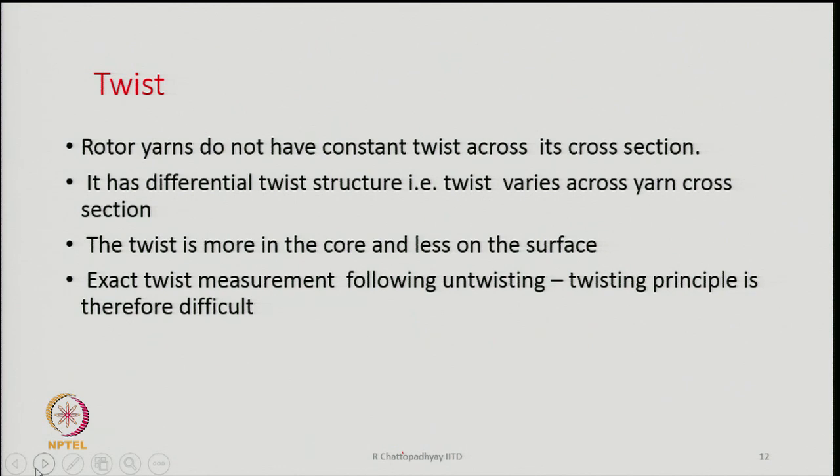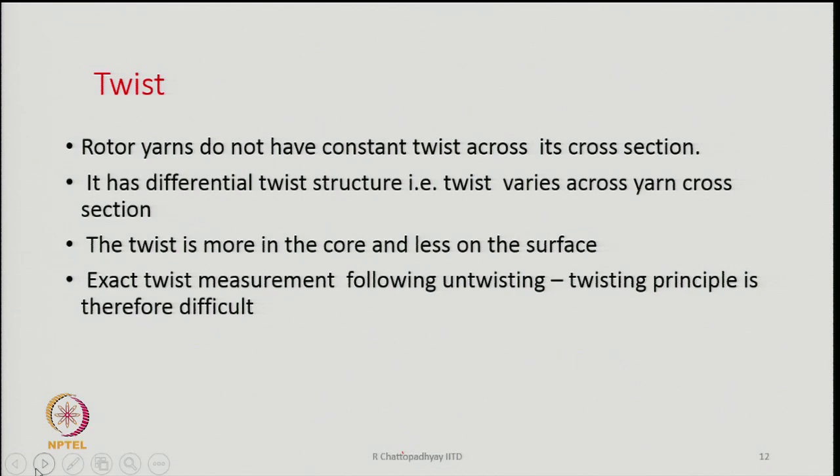because the surface fibers are inclined at a certain angle which is less than the core fibers. And if we try to untwist the yarn in order to measure the value of twist in the yarn, what will happen?